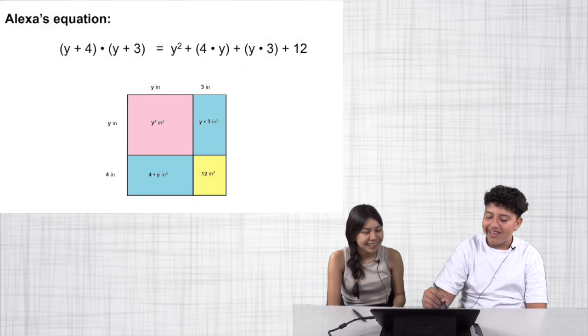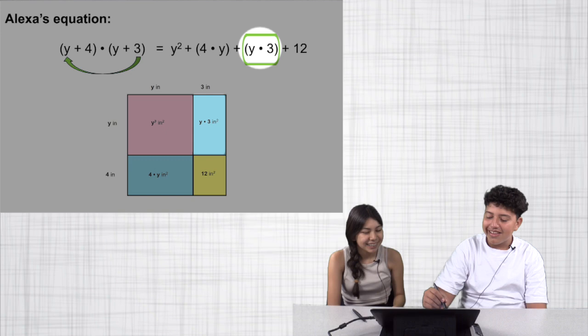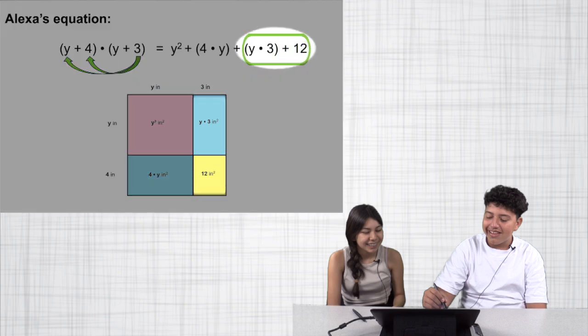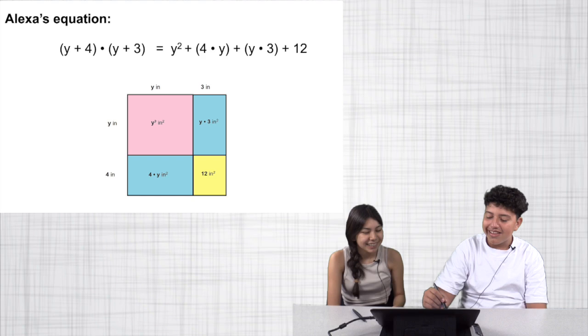To find the missing areas, they distributed 3 to the y to get y times 3, and the 3 to the 4 to get 12. So distributing twice represents several multiplications of length times width, which results in each of the parts of the area of Noah's rectangle, represented in Alexa's equation.